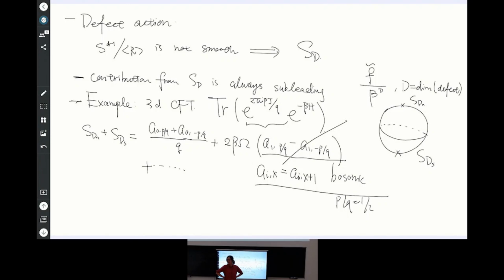Well, no. Let's see. Yeah, I agree, but it's just that if you turn on a flavor twist instead of a twist by space-time symmetry, I think I would need some new parameters to determine the high temperature asymptotics. Are you trying to say that I don't need to introduce new parameters?